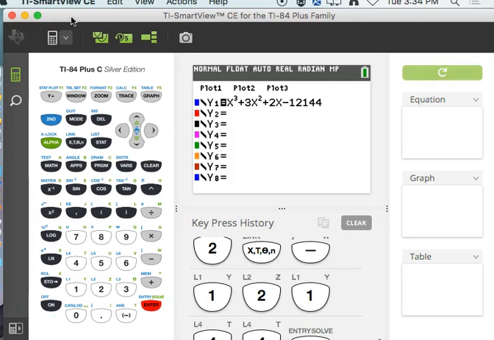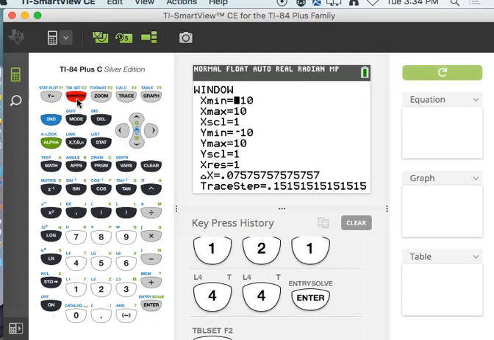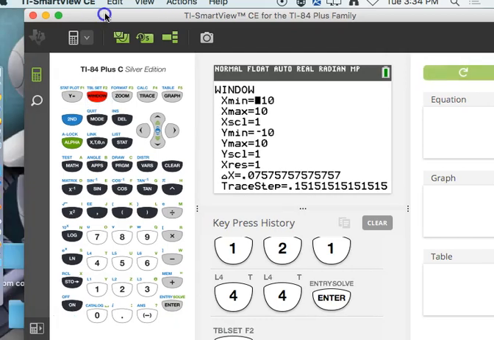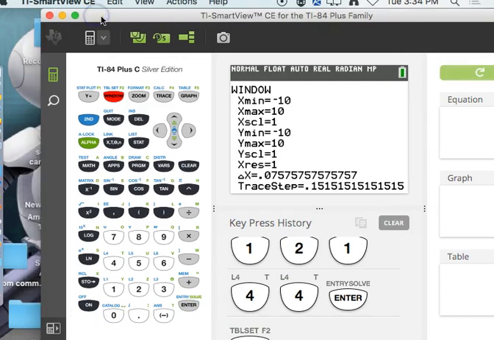So we put this in our calculator, and I start thinking, well, if it has to multiply to 12,144, I'm probably not going to get away with my 0 to 10 window. So for my window, I'm going to try 0 to 30 for my x's. And it's not taking a 0. There we go.